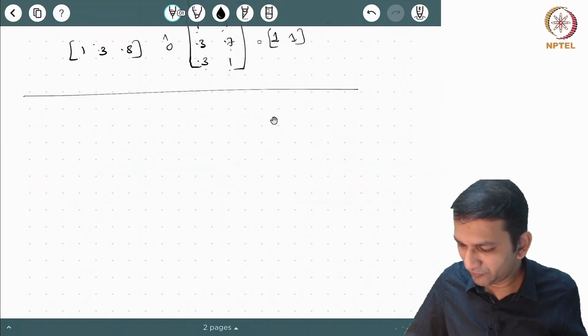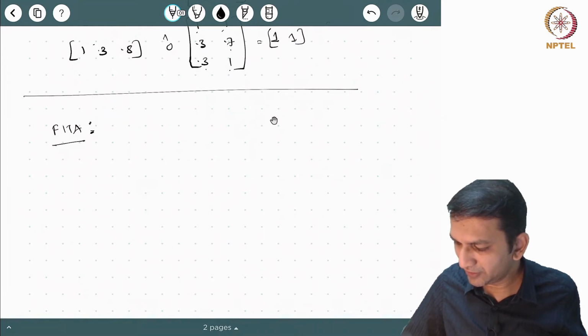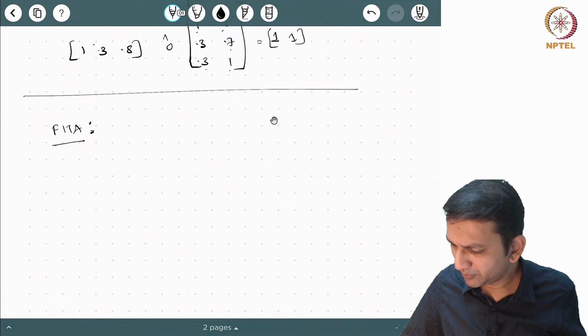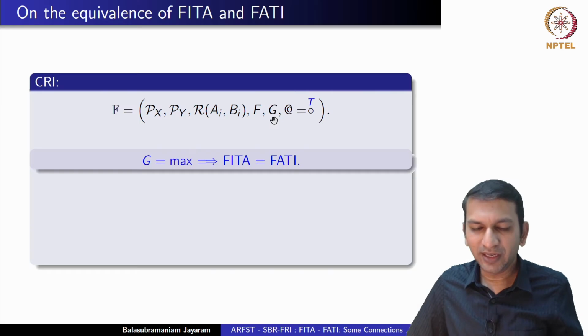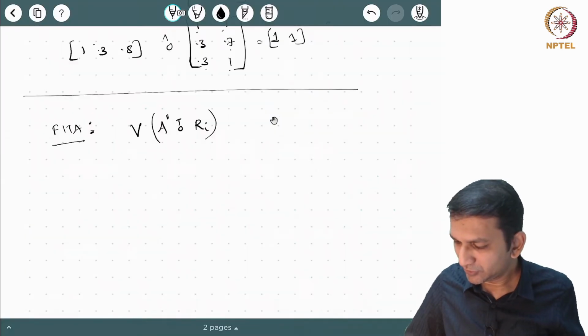Look at this. What is the theta inference? Theta inference says first infer, then aggregate. So that means given an A dash, we compose it with the Ri and then aggregate it. For the aggregation, we are using max. So this is the theta inference.